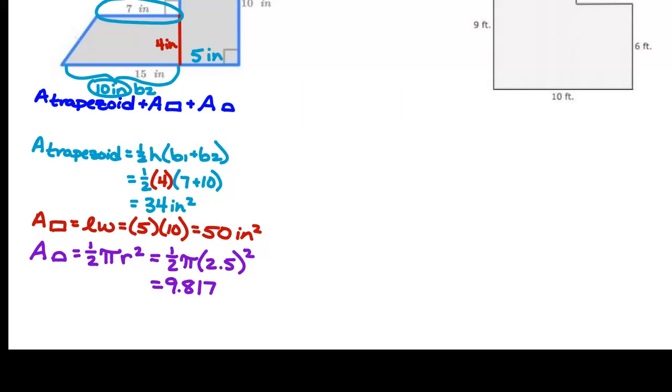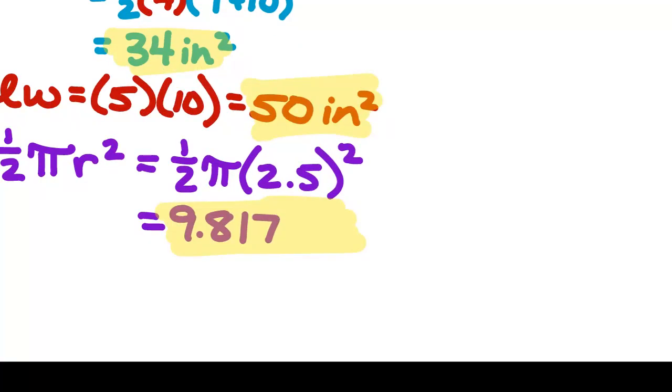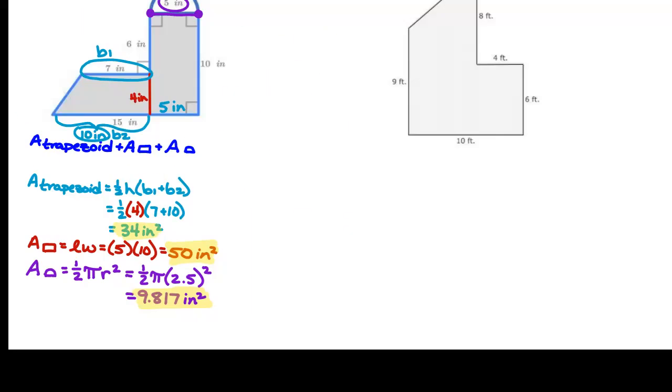9.817. So now we're going to take the area of the trapezoid, which is 34, the area of the rectangle, which is 50, and the area of the semicircle, which is 9.817, and we're going to add all of those together.